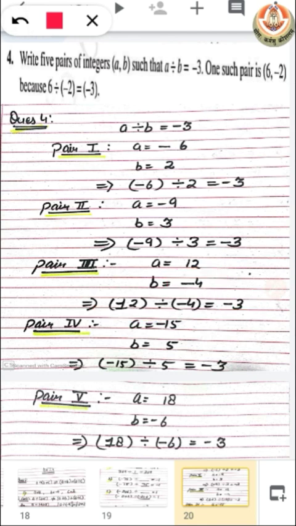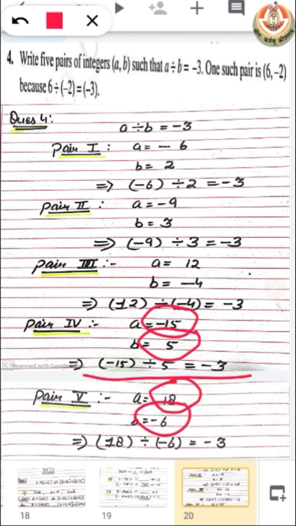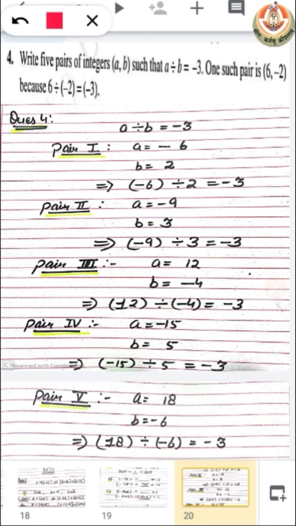Similarly, 15 is the 3 times multiple of 5, and for the negative sign we put negative with 15. 18 is the 3 times multiple of 6, and for the negative sign we put negative with 6. Similarly, you can write for 7. The 3 times multiple of 7 is 21.